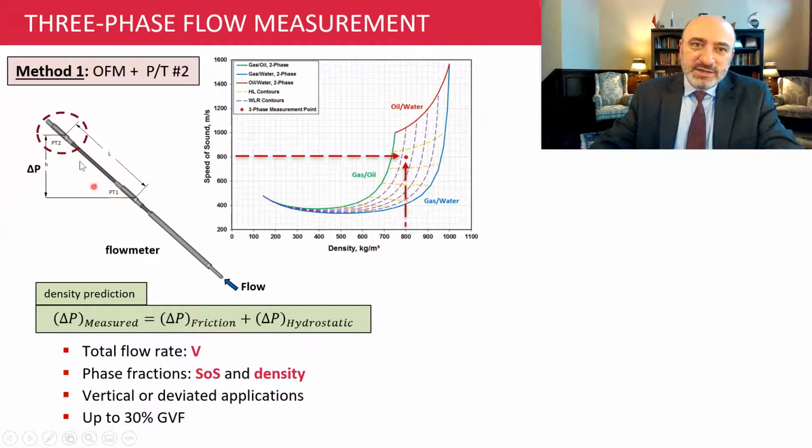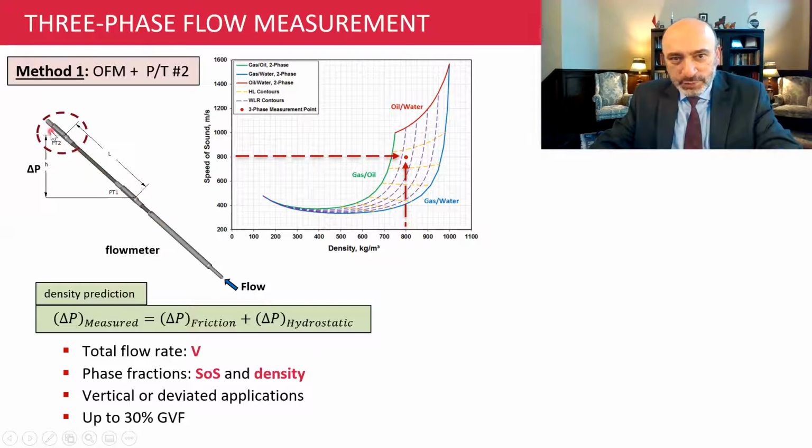This secondary PT gauge is preferably installed with a vertical distance to the flow meter. The reason I would like to have that vertical separation is that this differential pressure, which is pushing the fluid from point 1 to point 2, is being opposed by 2 different forces, frictional force and the hydrostatic pressure force.